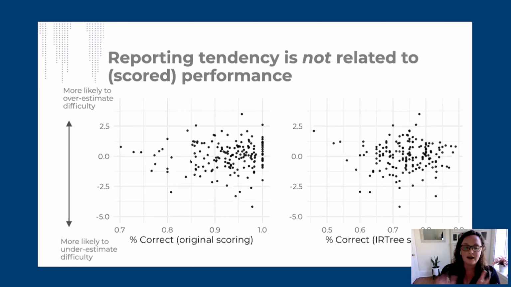I am showing that relative to both the error rate scoring and the scoring in the IRT, or the consensus-based scoring. In both cases, these tendencies are different from zero. So there is variability in how examiners are reporting the difficulty, but it's not related to how they're performing.